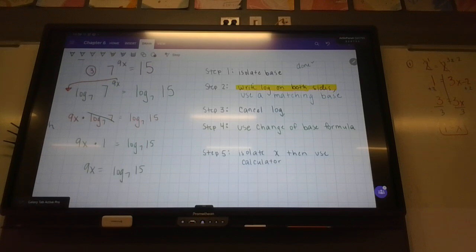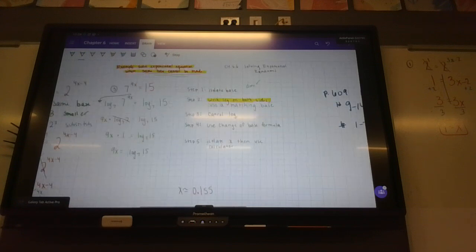And so now I'll use that change of base formula we just discussed. So 9x equals log 15 over log 7, change of base, step 4.